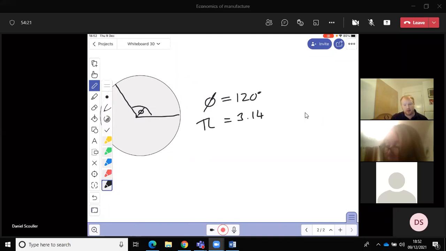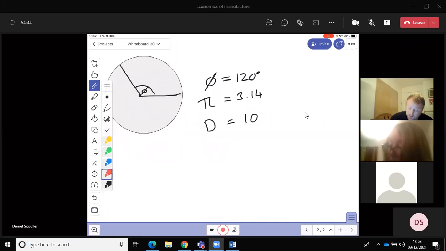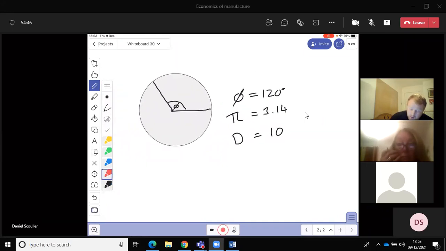You've seen earlier when you typed pi in the calculator and pressed equals, that number continues on. They'll simplify that for you and give you pi equals 3.14. Let's pick a diameter of 10, and let's say we want the minor arc, the small arc. That's the information you're given. Find the minor arc.